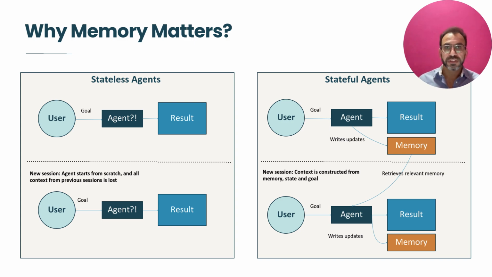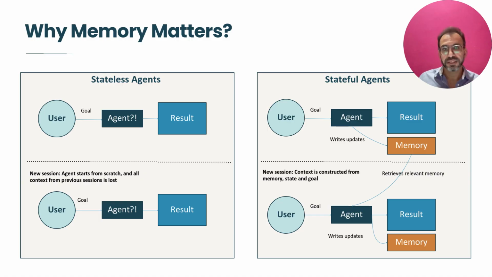While on the right side, we see a stateful agent where the user sends a goal to the agent and the agent produces a result, but as well it writes updates in the memory. And when a new session comes in, the user sends a request with a goal, and the agent retrieves the relevant memory from the past experiences, from other memory sources that it has, and it produces another result.